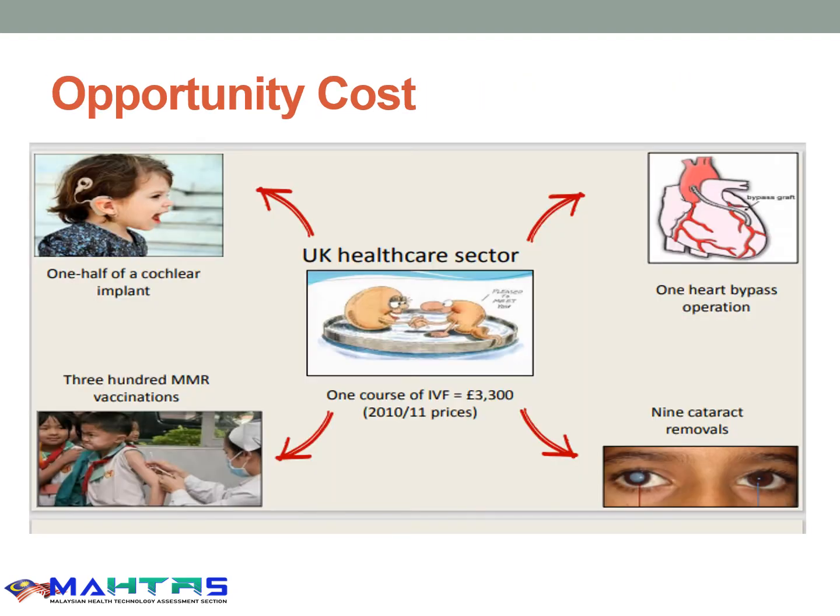Now, we have been talking about how we should allocate our resources to healthcare. This is an example from the UK healthcare sector. In order to reimburse one cost of IVF that costs £3,300, you can actually use that funding also for one heart bypass operation, one half of a cochlear implant, 300 MMR vaccinations, or 9 cataract removals.